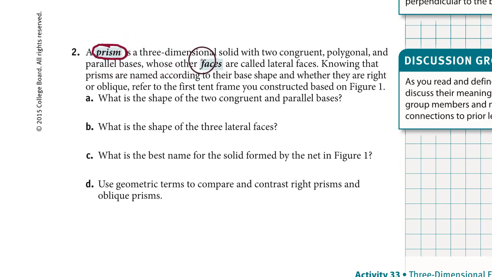A prism is a three-dimensional solid with two congruent polygon parallel bases. The other faces of the three-dimensional shape are called the lateral faces. Here's some follow-up questions about that first net. What is the shape of the two congruent parallel bases?